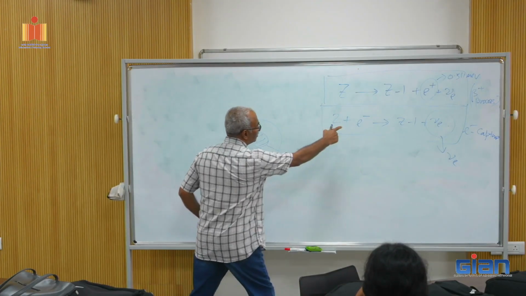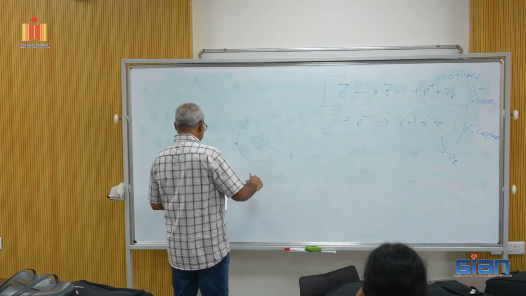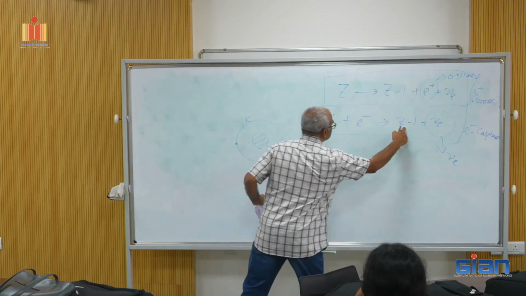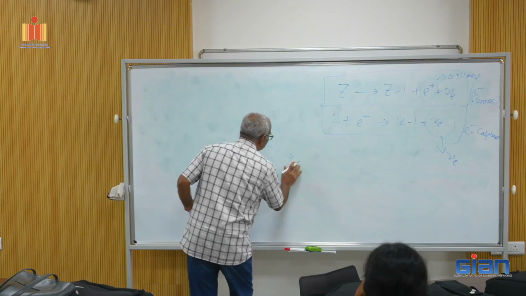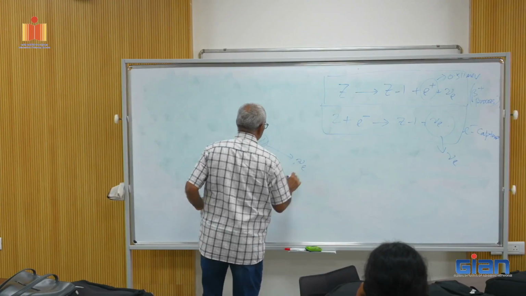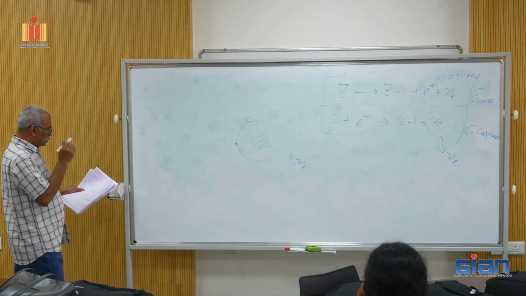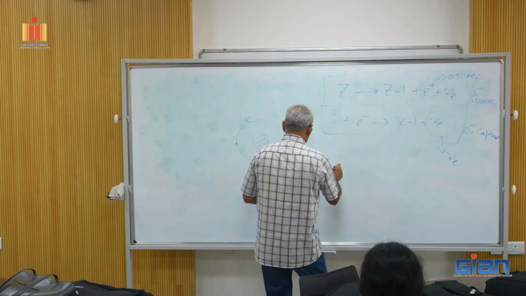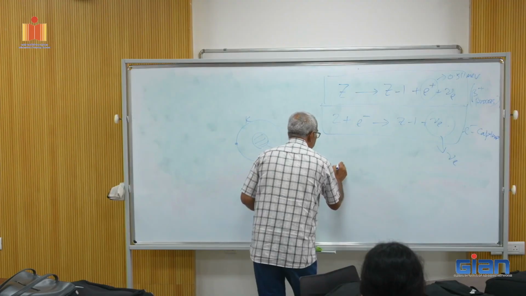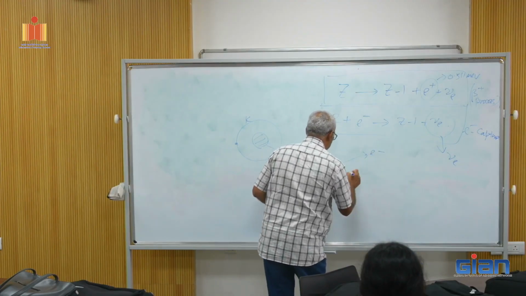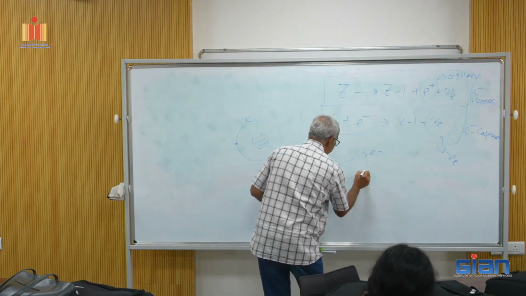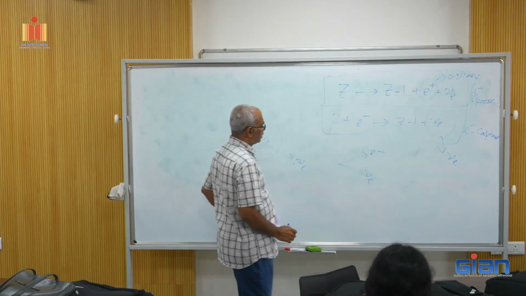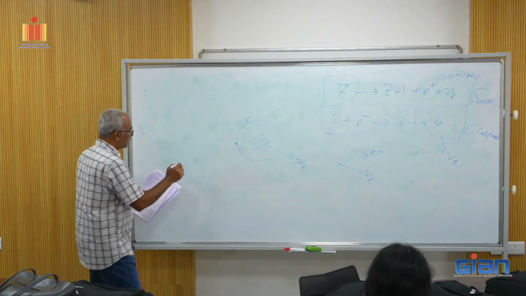What you get is a different kind of nucleus with Z minus 1, with the emission of a neutrino. Okay, so this is one, or the competing process goes to an electron, sorry, neutrino. Okay, so the effect will be the same.